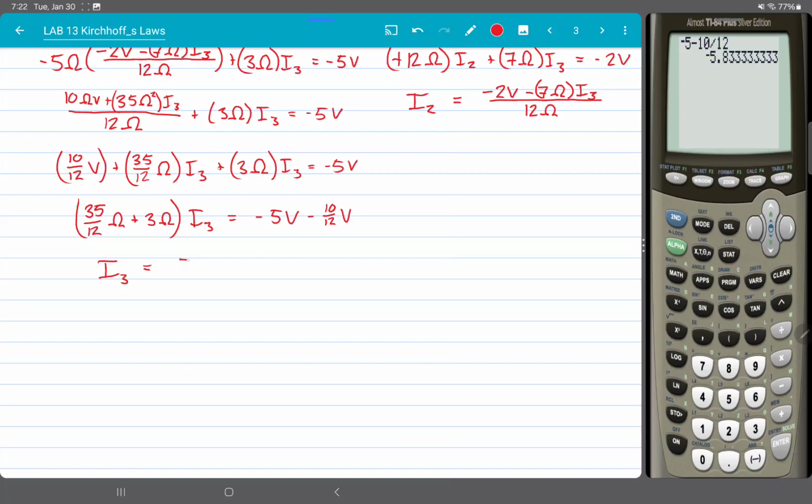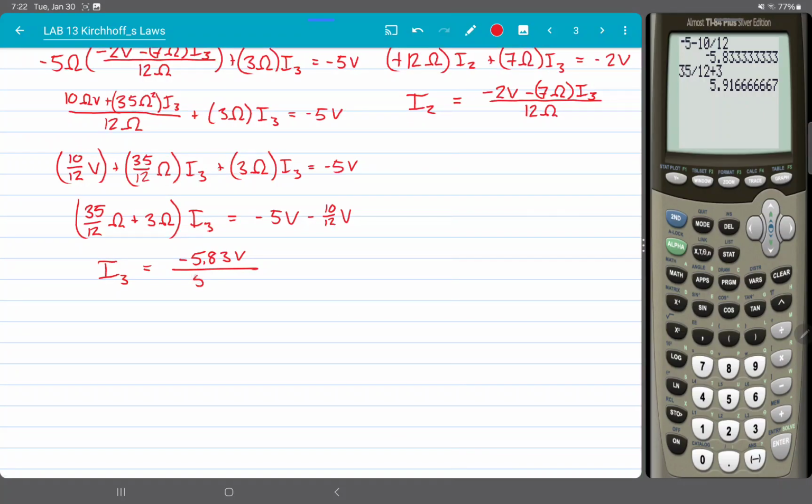So that would be negative 5.83 volts divided by 35/12 plus 3, 5.92 ohms.